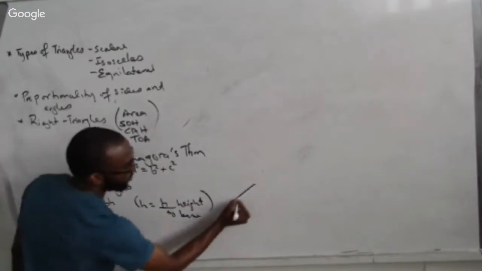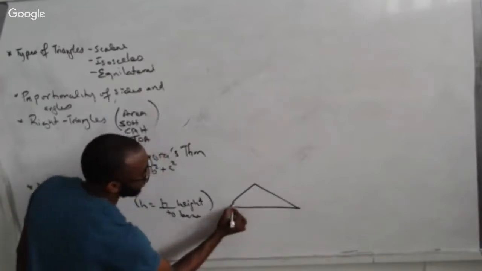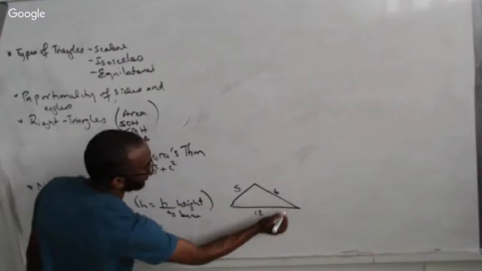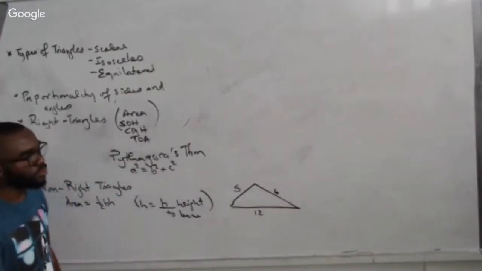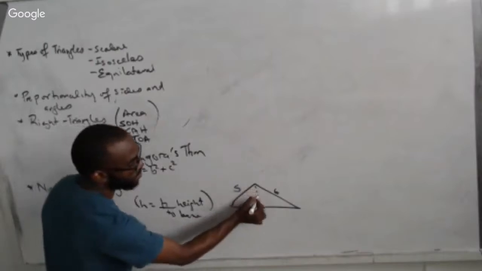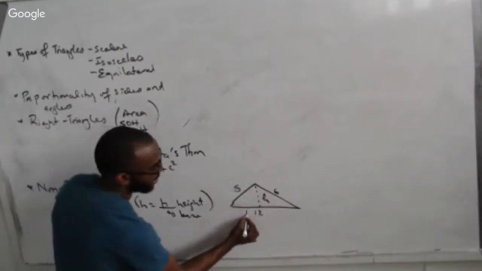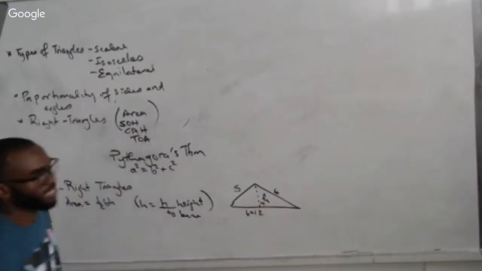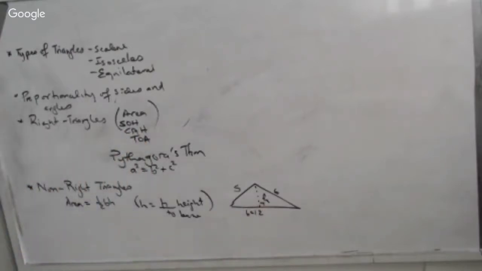So if we had a triangle like this, the base was 12, this was 5, and this was 6, we couldn't use this to find the area. We would have to know that height, and that if that was the base. Clear enough? Where this height is perpendicular to the base. That making sense? Cool.